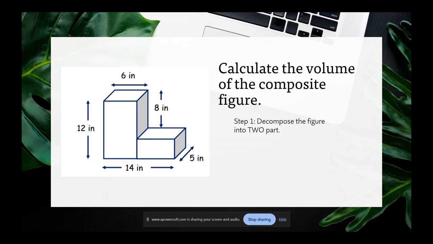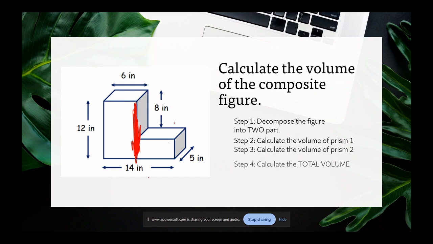And how will I see that? It'll be when I look at this middle point here and I break it up by this middle point. Then step 2, I will calculate the volume of prism 1. Step 3, I'll calculate the volume of prism 2. And finally, step 4, I'll calculate the total volume.